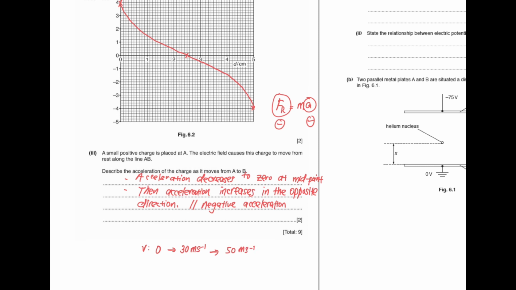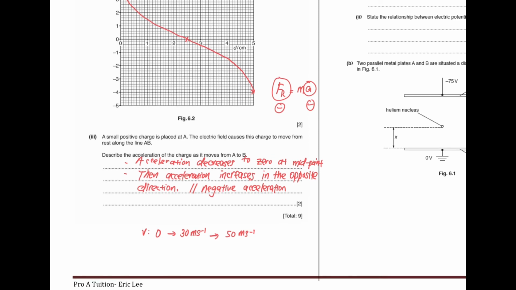And then at 2.5 seconds, there is no more acceleration. Let's say it becomes 55. So this is t equal to 1, this is t equal to 2, this is t equal to 2.5. Example only.